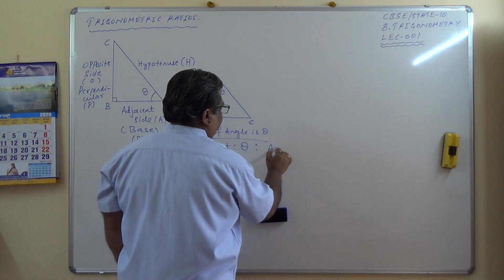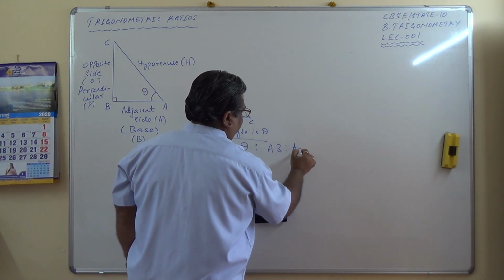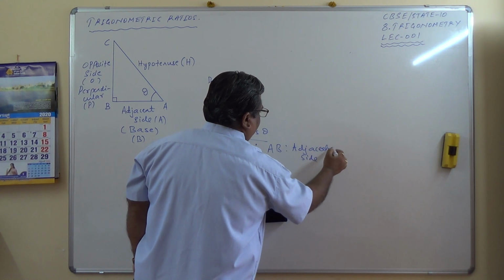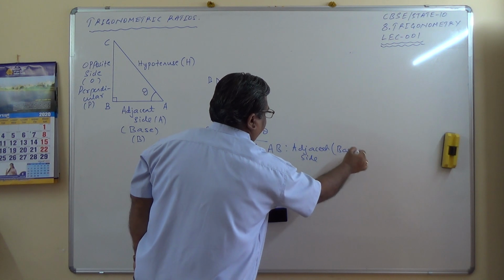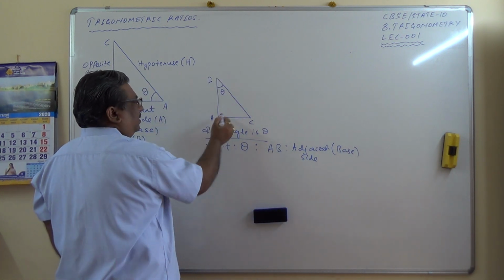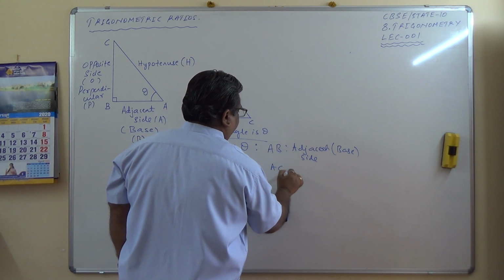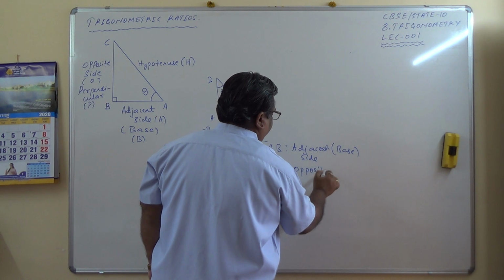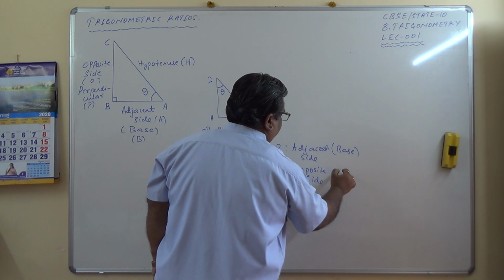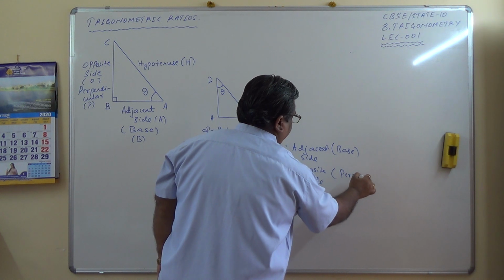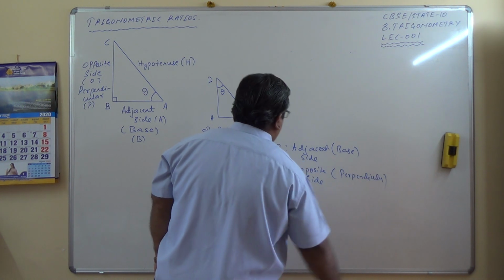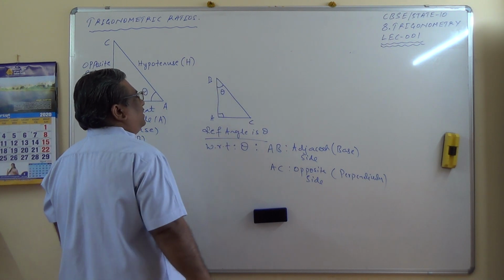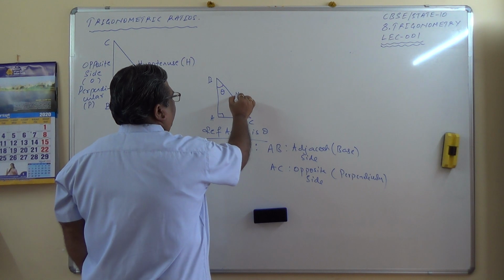AB is the adjacent side, which is also called the base, and opposite to theta is AC. AC is called the opposite side, which is called a perpendicular. What is the hypotenuse? This is a right triangle, and therefore AC is the hypotenuse.